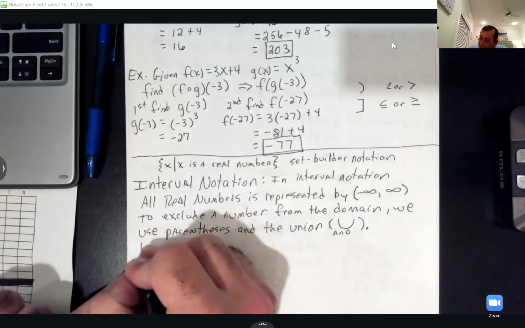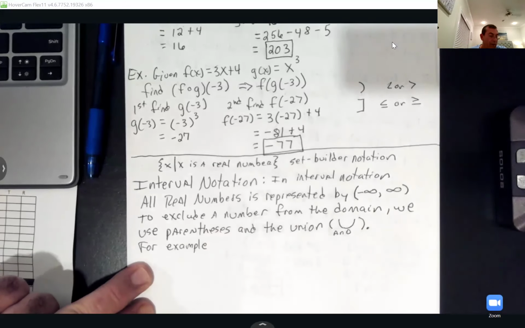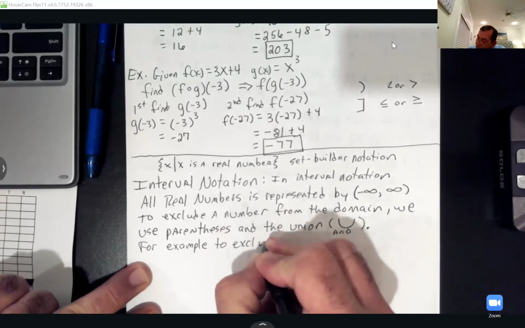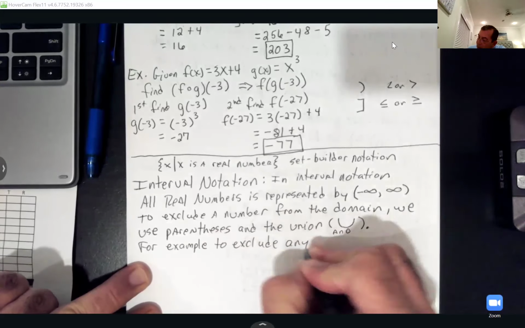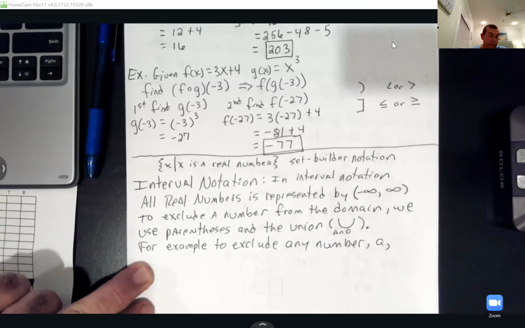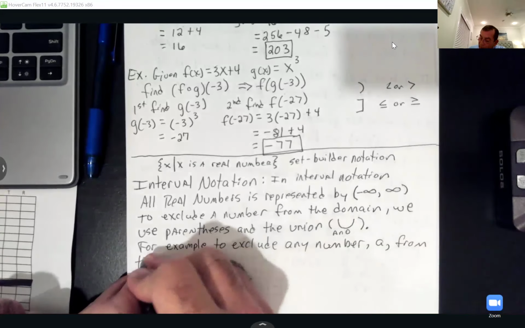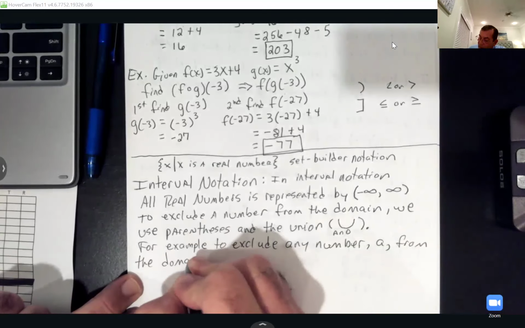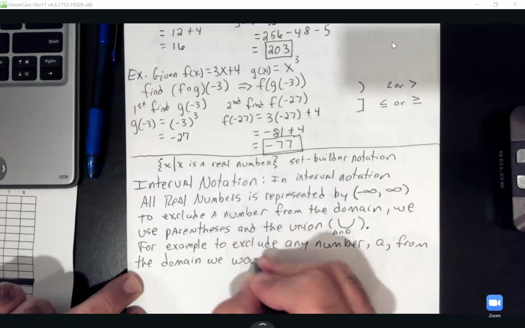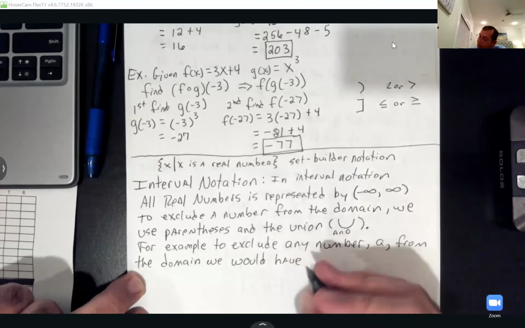So, for example, to exclude any number A from the domain, we would have, and y'all, they're all going to start at negative infinity.